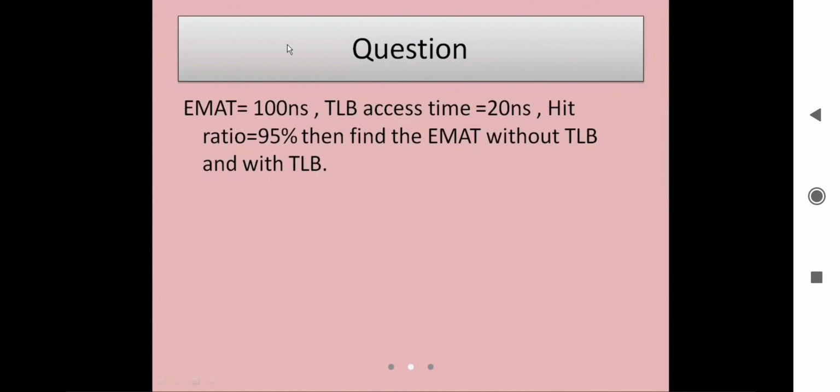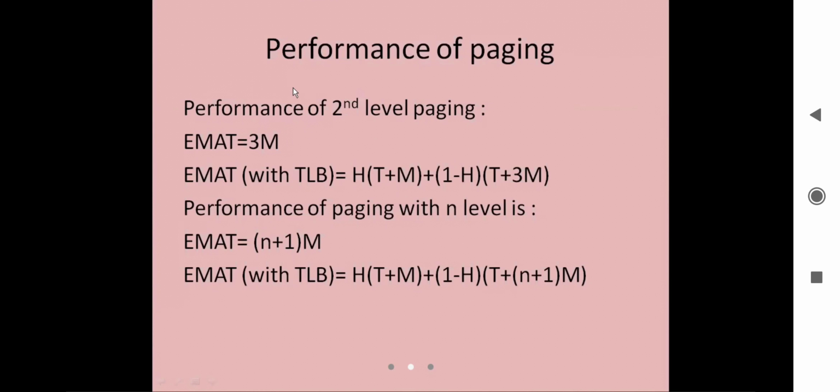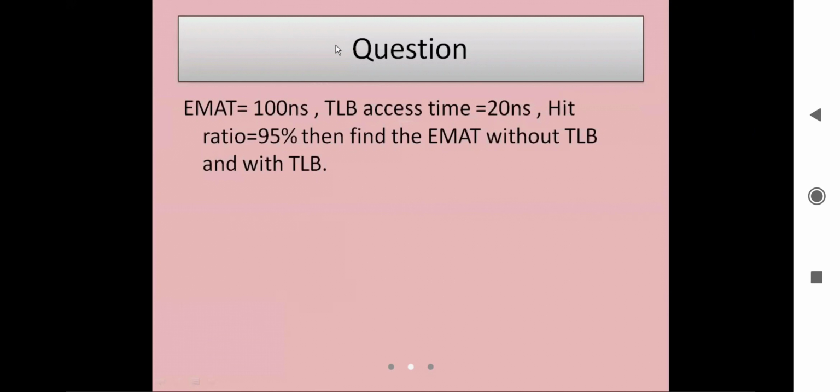Now let's see the question related to effective memory access time. Just a minute. Here main memory access time is 100 nanoseconds, and TLB access time is 20 nanoseconds and hit ratio is 95%.